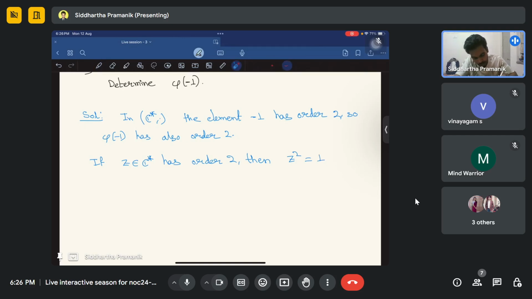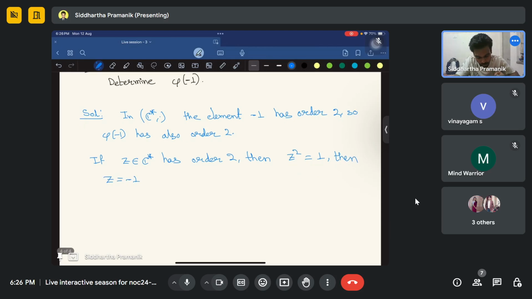So what are the solutions of this equation? The solutions are 1 and minus 1. But 1 is the identity element, so it has order 1. So Z has to be minus 1.